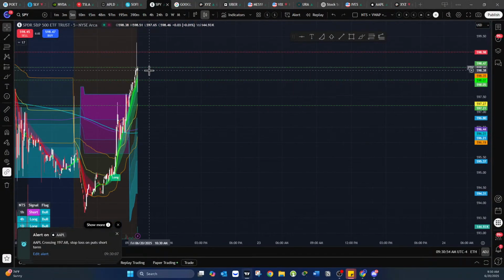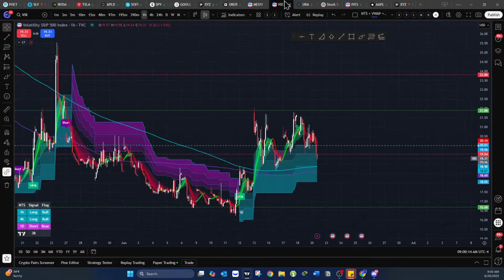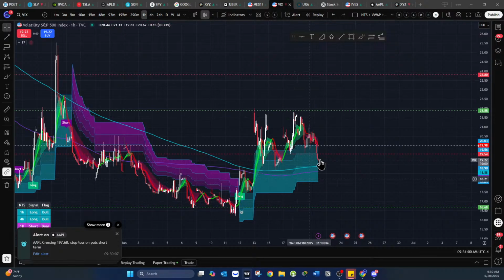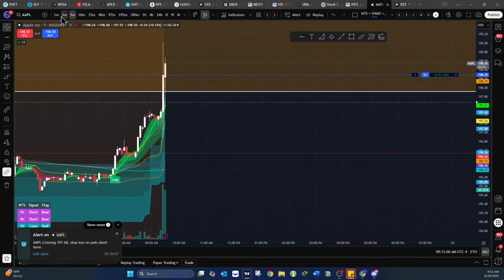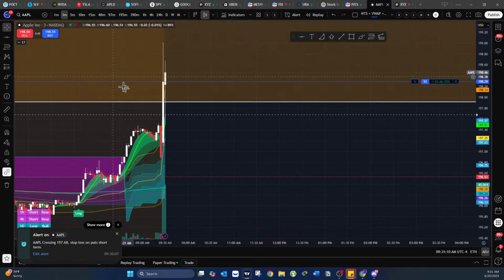But like I said, I'm pretty bearish if VIX goes back to 20. If VIX starts to dump even more, then we'll see what happens. But right out the gate, Apple looks pretty damn strong. I wasn't expecting it to be above 198 in the pre-market, so I don't know what happened before the market even opened.